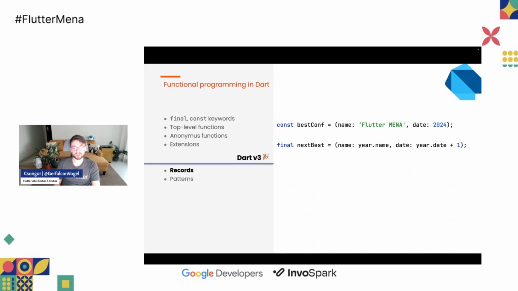Okay, so the records really quickly. These are anonymous and immutable types, and basically records represent a bundle where we can bundle multiple objects into a single object, and that is what we call records. Here in this example, you can see that we can create records with named parameters, or if we want, we can also mix them.